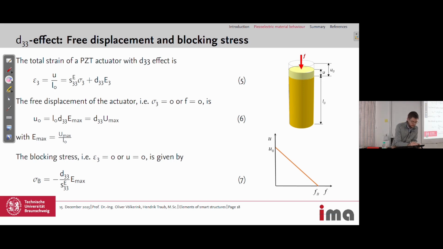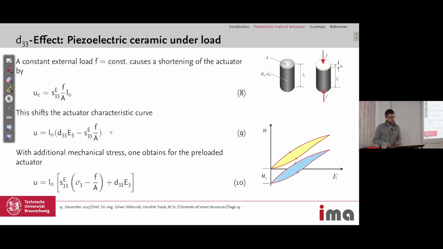So, on to the next slide. Now we could also have an external load, or preload, or pre-stress. We assume that we have a constant external load, F is constant, which causes a shortening of the actuator.